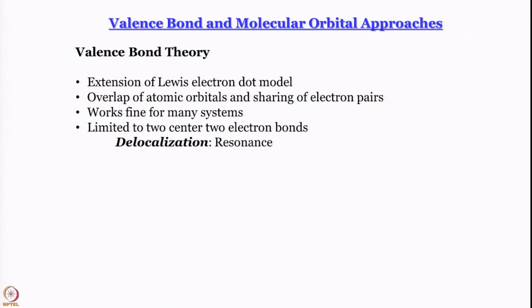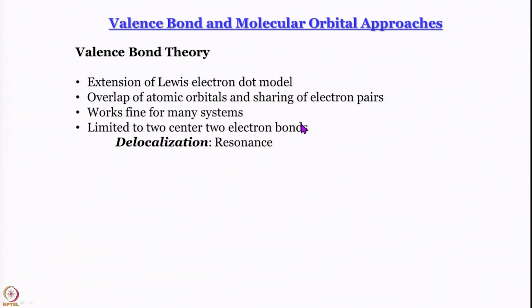The problem is, the moment you go beyond 2 centers, or you have 1 electron or 3 electrons or more electrons, then it does not work. When you have more than 2 centers, you need to account for delocalization, which is actually not provided for in valence bond theory. So, you have to invoke this afterthought that is called resonance.